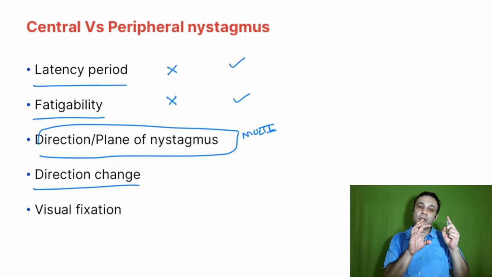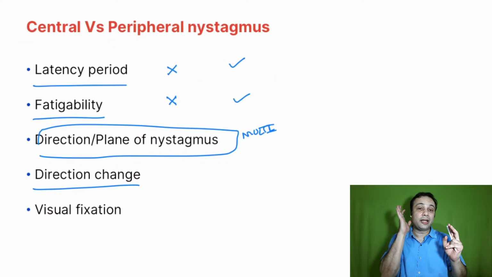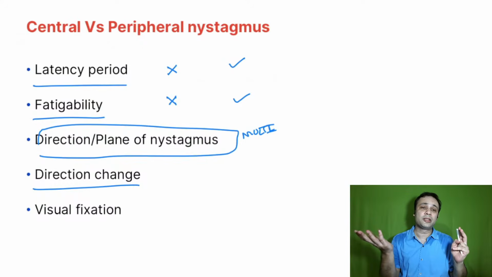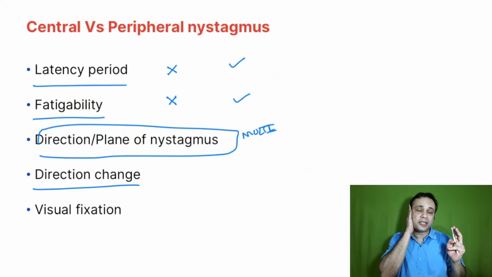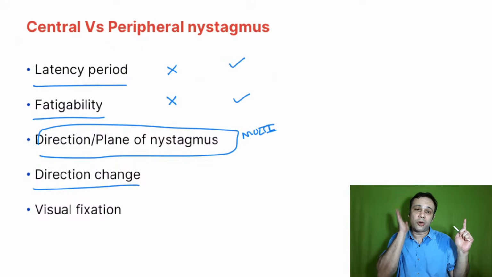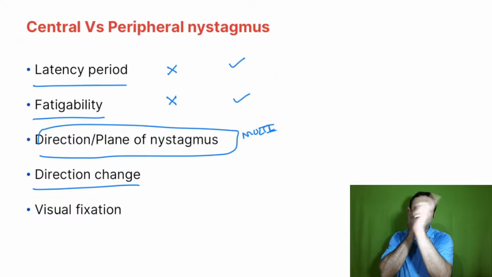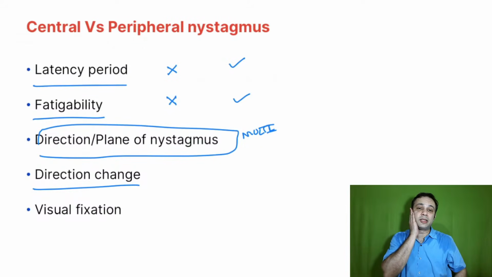So the direction of nystagmus is always depicting the fast phase. That is why I told you, it's easy for me to describe with the right side. If there is a paretic lesion on my right side, what will happen? The direction of the fast phase will be towards the left. If I have an irritative lesion of Meniere's disease on my right side, the direction of the fast phase will be towards the right.